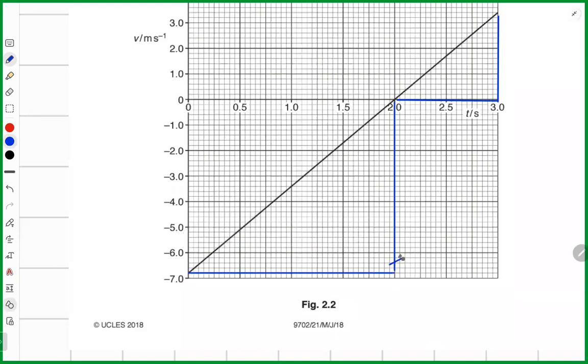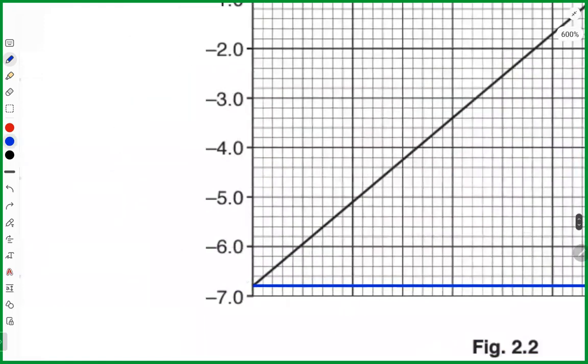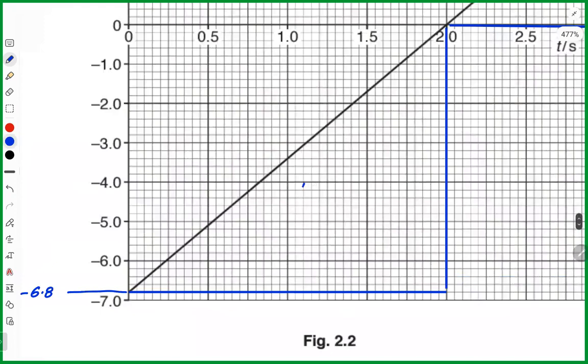So what we have to find out is how much net distance they have moved. Now what you do is you first find out this lower triangle. What will be the area of this lower triangle? What is this value? It is minus 6.8. So 1/2 into minus 6.8 into 2. So it will be minus 6.8 meters.